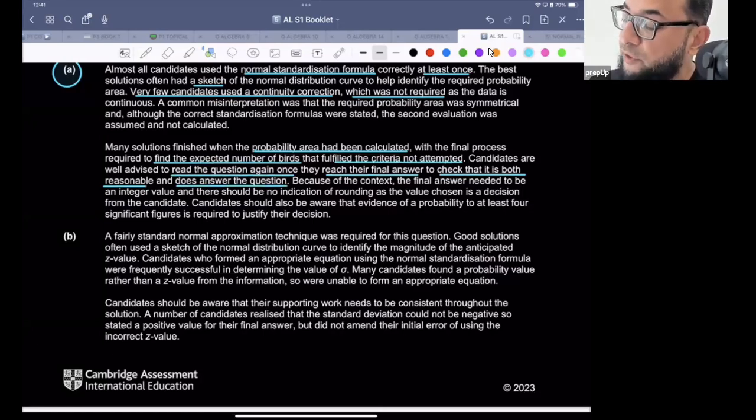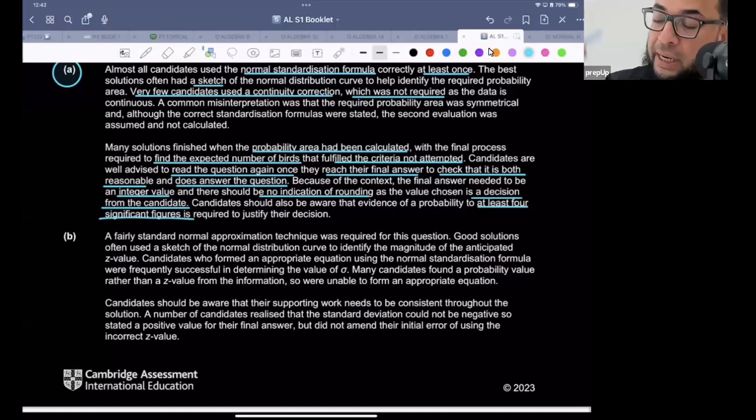Because of the context, the final answer needed to have an integer value, and there should be no indication of rounding, as the value chosen is a decision from the candidate. You can round it up, you can round it down because it has to be an integer. Candidates should also be aware that the evidence of probability to at least 4 significant figures is required to justify the decision.